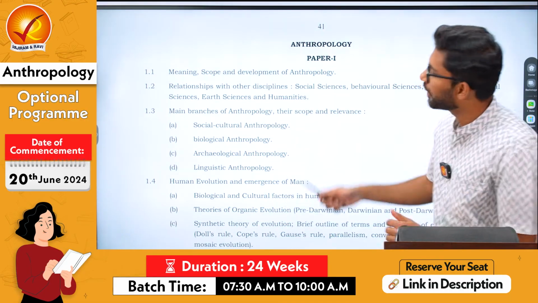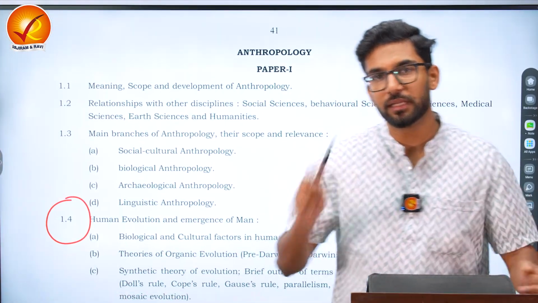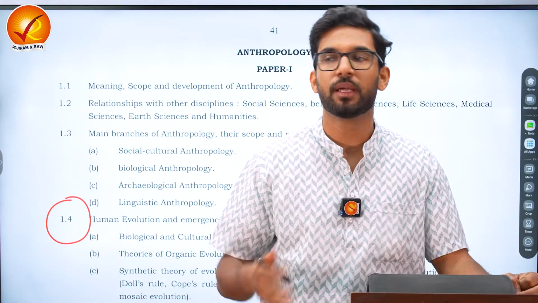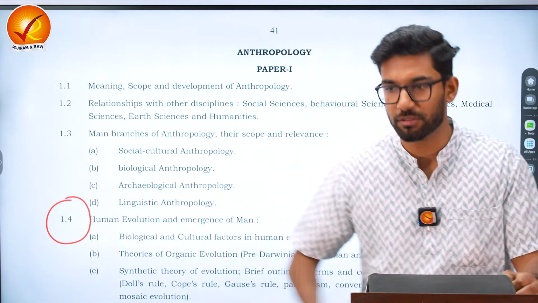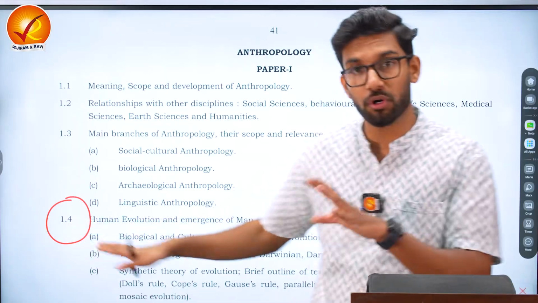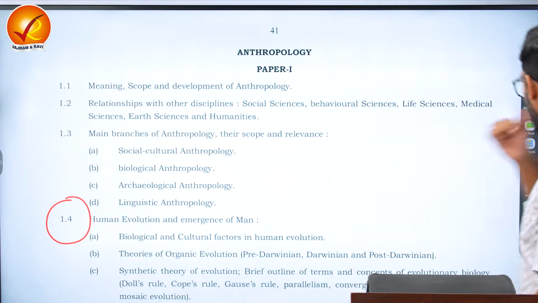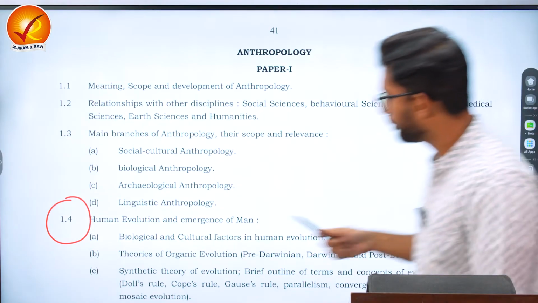Now you can see that here 1.4 is an entire chapter that is dedicated to human evolution and how human beings evolved. So this was one of the reasons why I was drawn to anthropology, just as a side note. Okay. Now we'll go through each part of the syllabus.